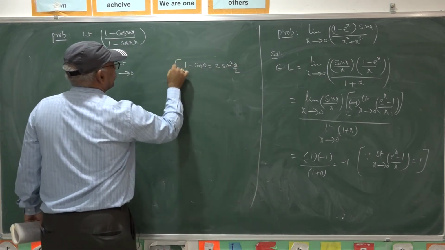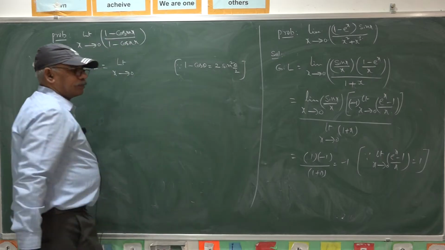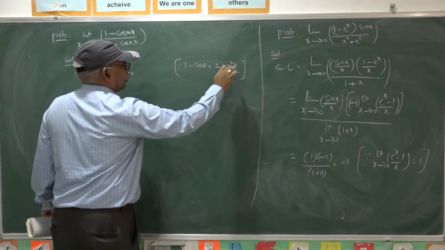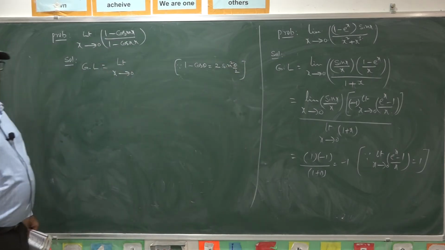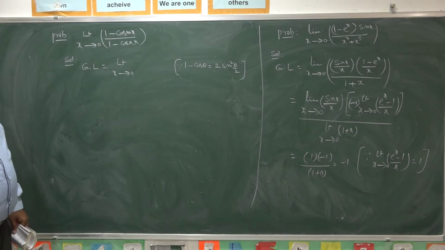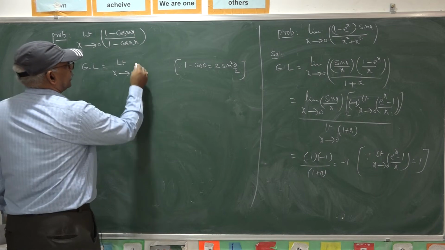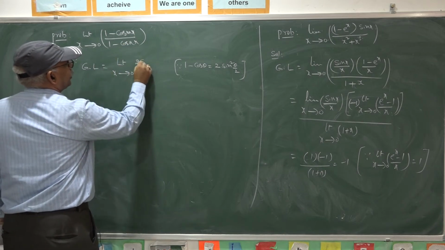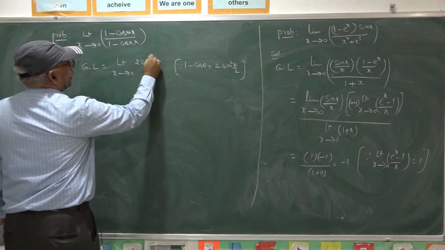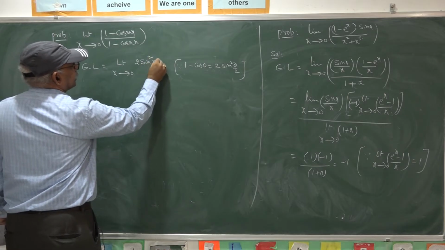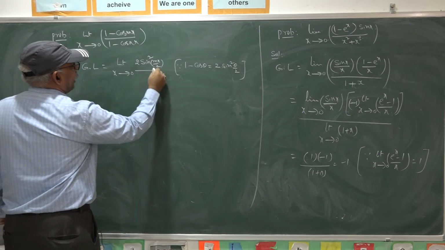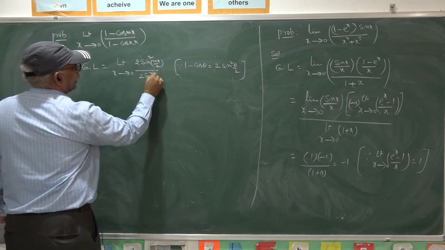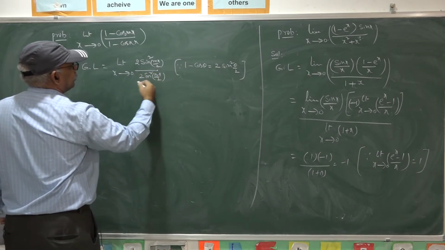Apply this formula to both the numerator and denominator. 2 sin square theta by 2, by the half angle formula from trigonometry. You can apply that formula to the numerator as well as the denominator, so that the given limit reduces to 2 into sin square of mx by 2, by 2 sin square of nx by 2.